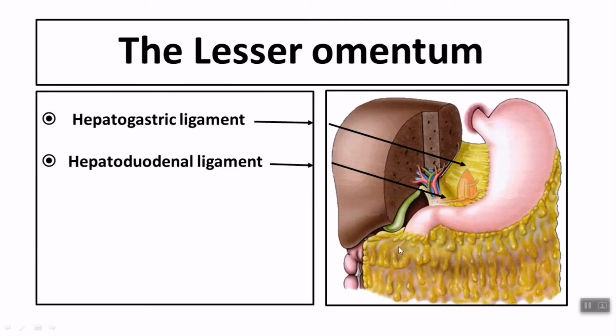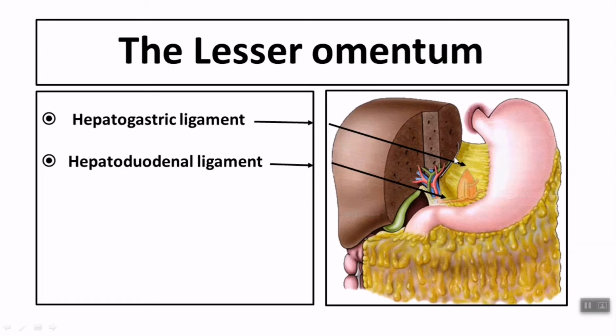The lesser omentum also is a double layer of peritoneum that extends in between the liver and the lesser curvature of the stomach. It is the same layer, but can be divided into two parts.